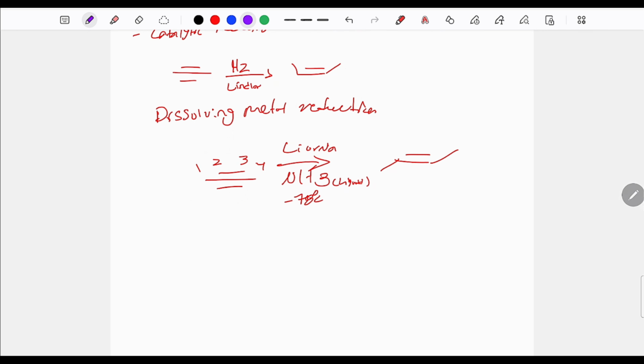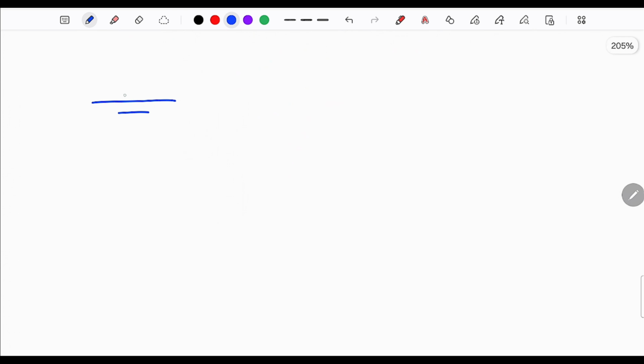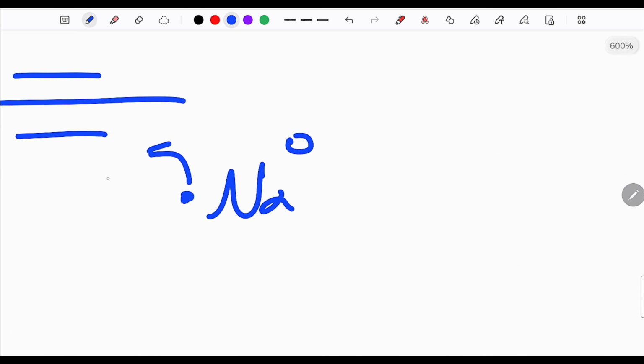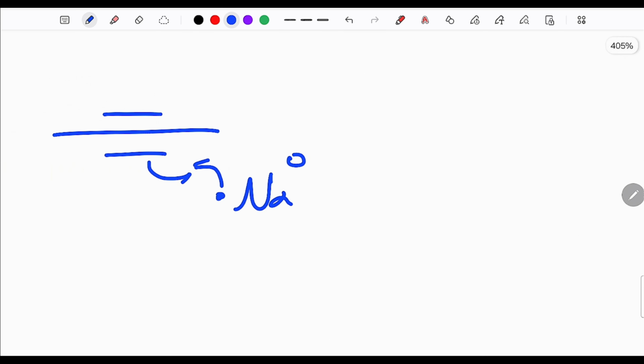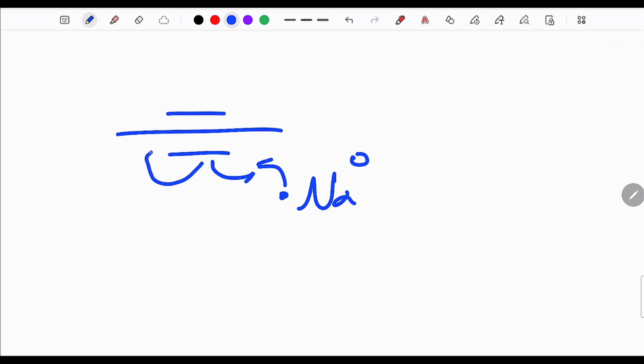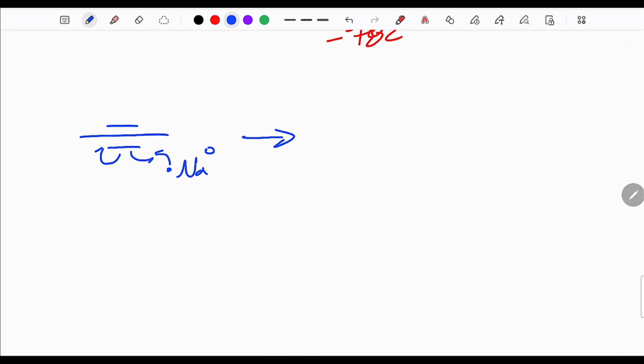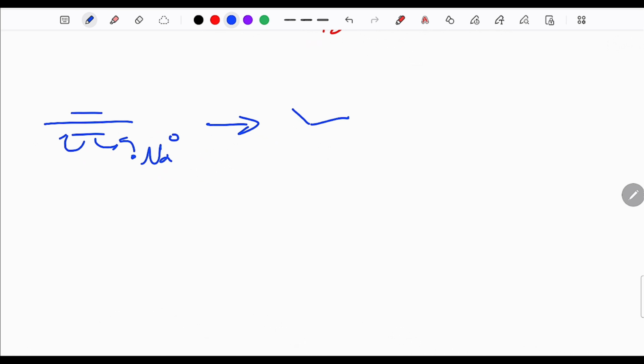So let's take this guy over here. Let's start with him. It is a radical-based mechanism, so we have an elemental sodium or lithium. In this case, I will use sodium. So remember, usually when I put this symbol, that means elemental. Elemental sodium will come here, and remember, this is a radical-based mechanism. We'll donate this electron there, and I will generate this intermediate with a radical here and a carbanion here.